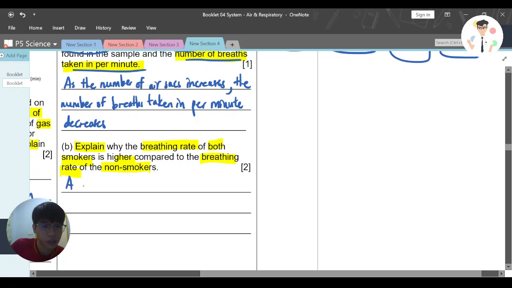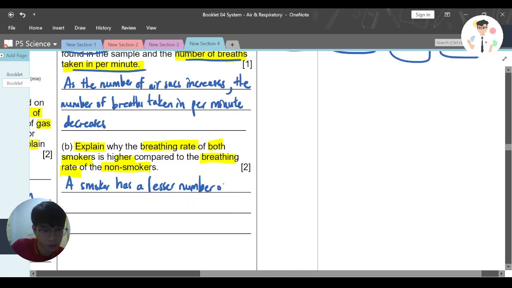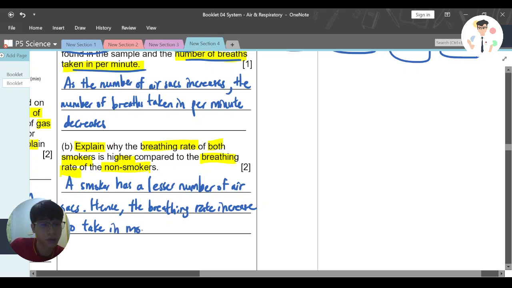First, you need to understand that a smoker actually has a lesser number of air sacs. Okay, and because of that, hence the breathing rate increases to take in more oxygen.